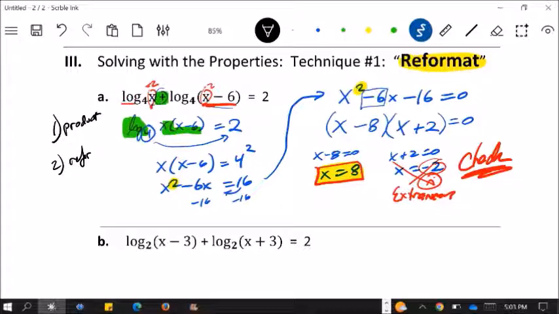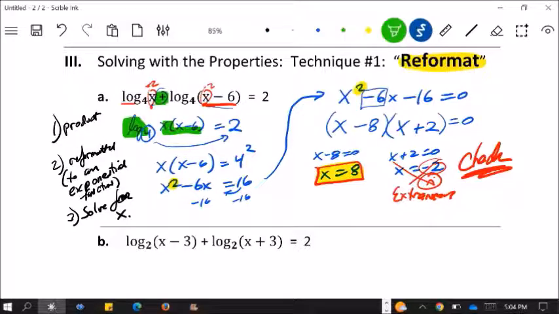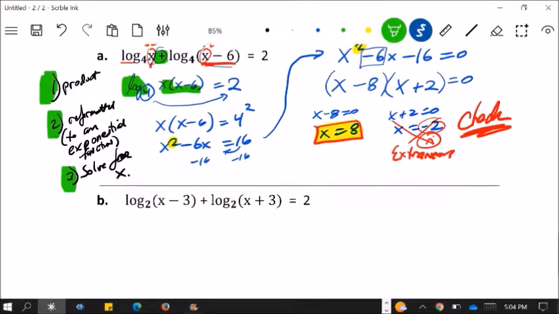I reformatted to an exponential function. And then all I did was solve for x after that. So it's those three steps: 1, 2, and 3.